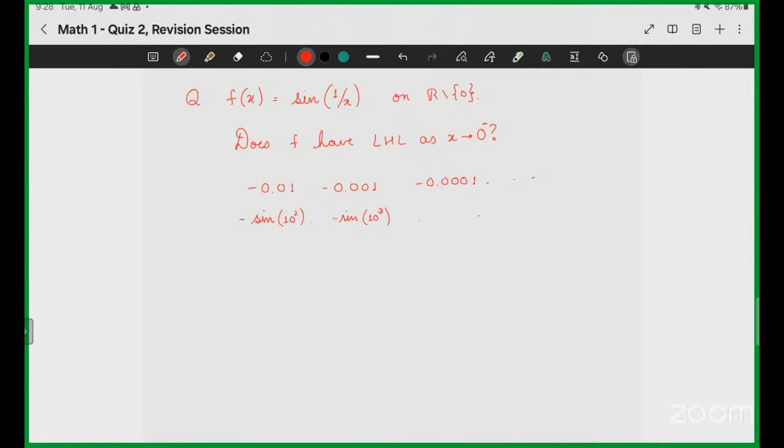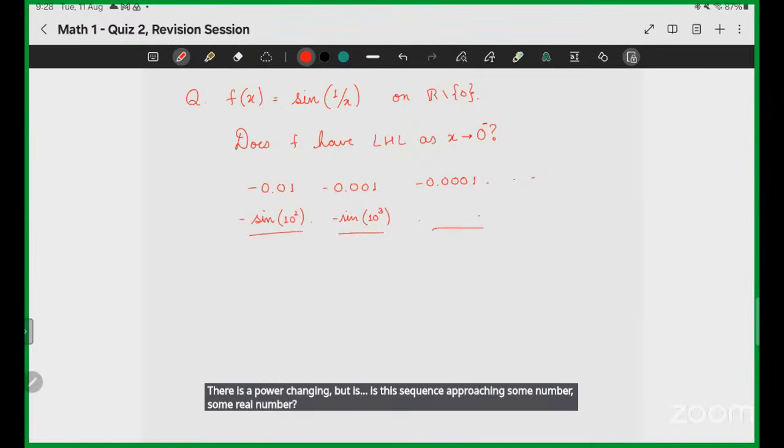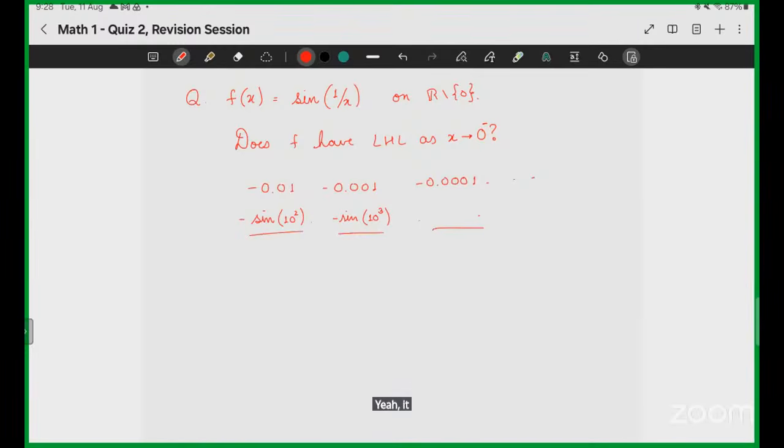There is a power changing, but is this sequence approaching some real number? Yeah, it will be definitely 0. Will it approach 0? Does the sine function approach 0 as we go to greater and greater values?